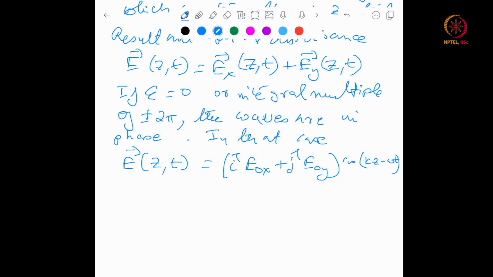So obviously the resultant wave is also linearly polarized.